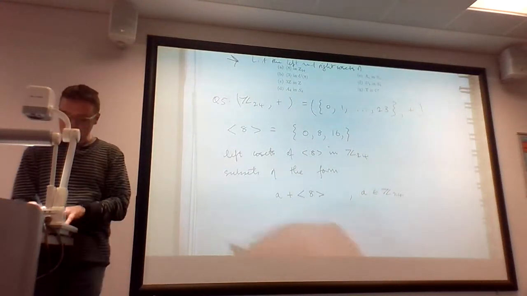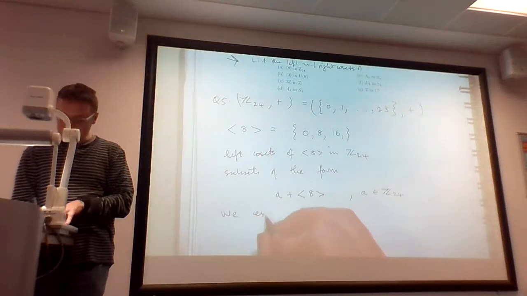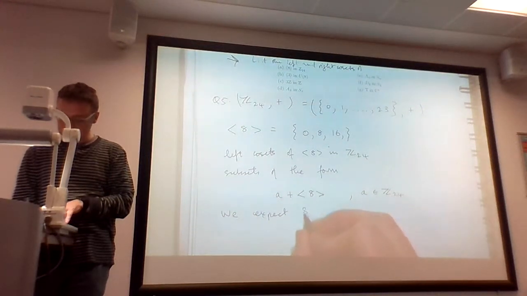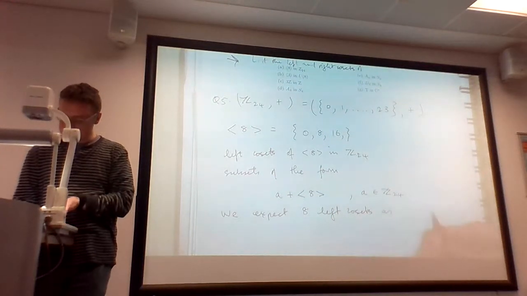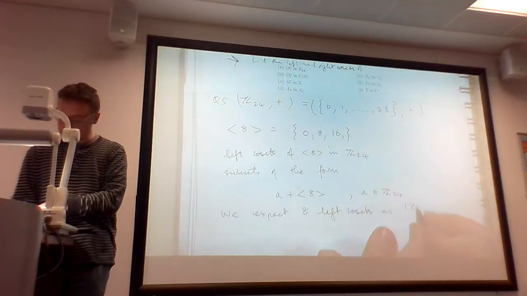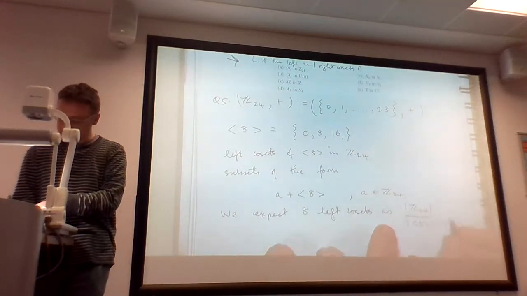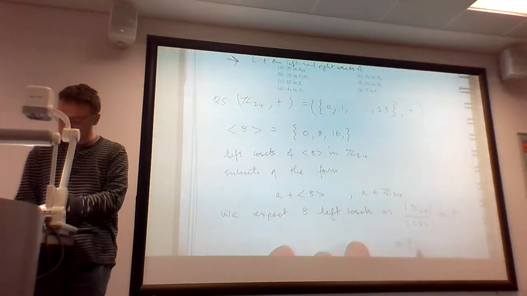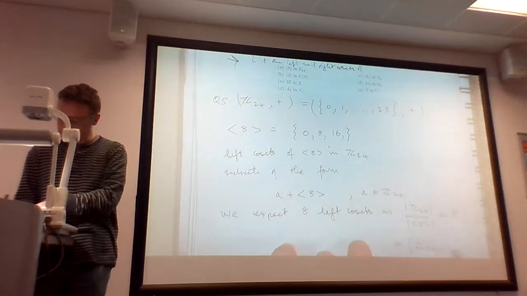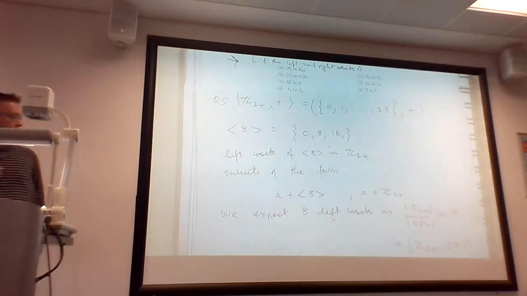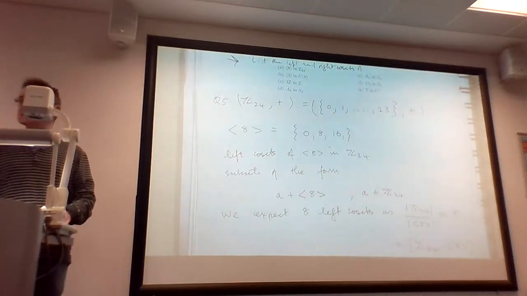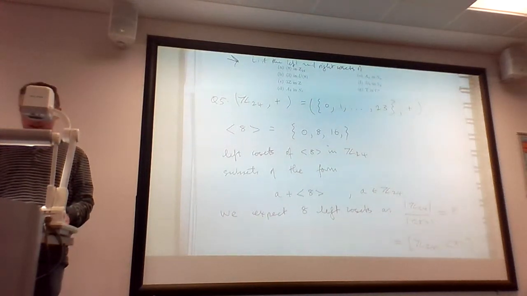So we expect 8 left cosets, as the size of Z24 divided by the size of the subgroup is 8. And this number is known as the index of the subgroup, the cyclic subgroup generated by 8 in its parent group, Z24.